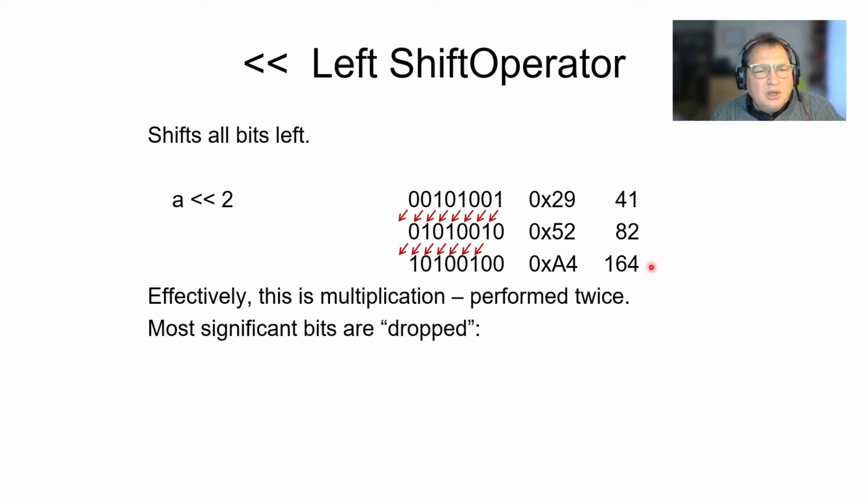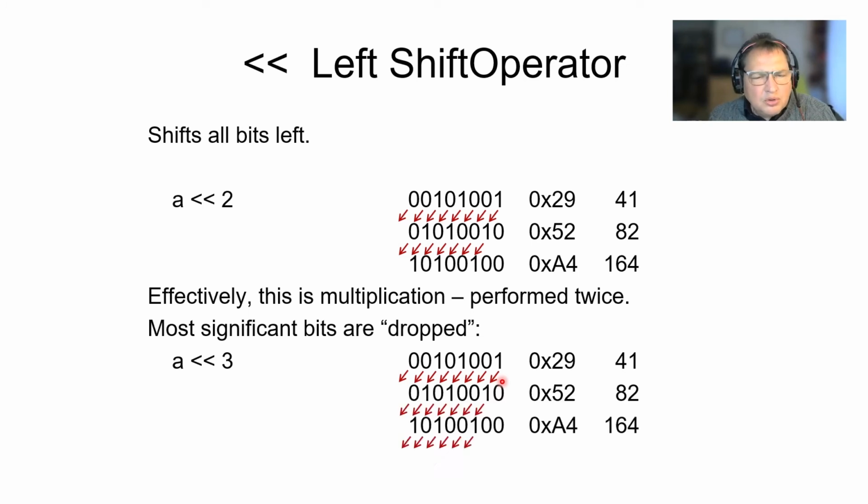Okay. Please note that the most significant bits are dropped. In this case, it wasn't a problem because the two most significant bits were zeros. So where they are dropped, it doesn't affect the value of this operation. But let's have a look what happens if we shift 3 times.